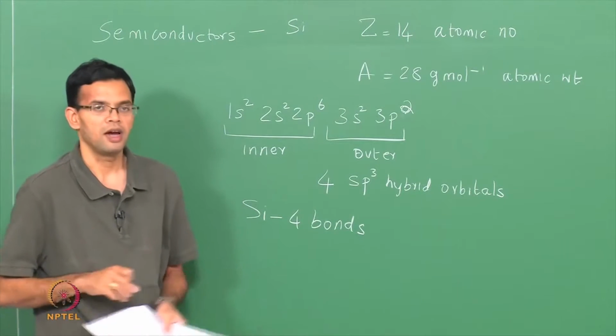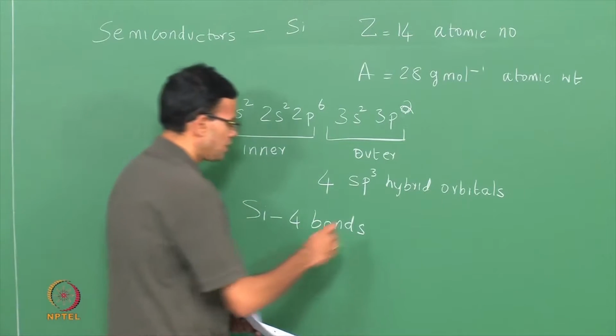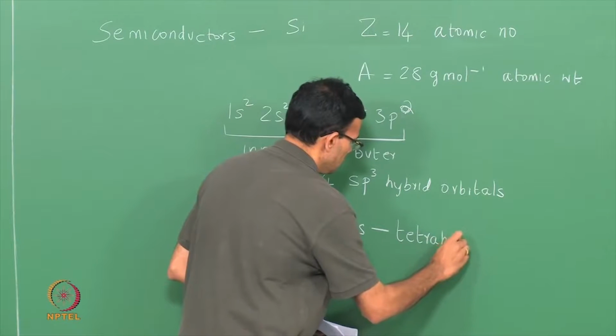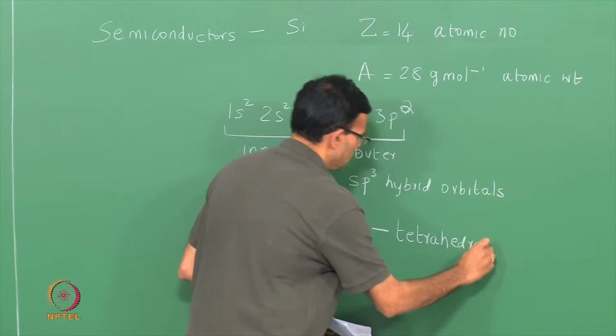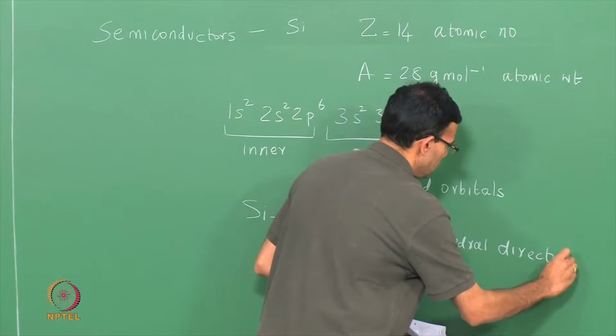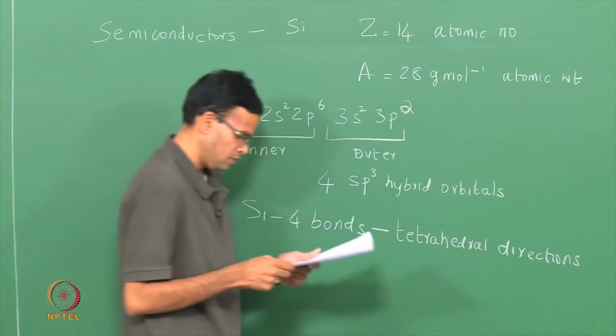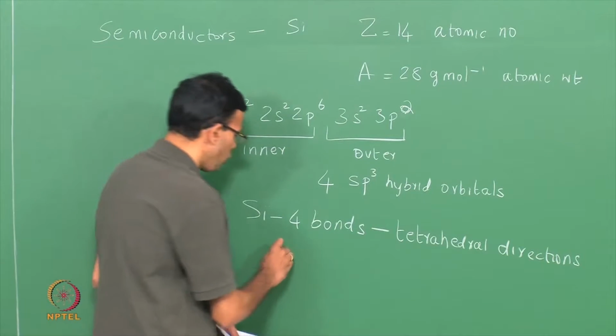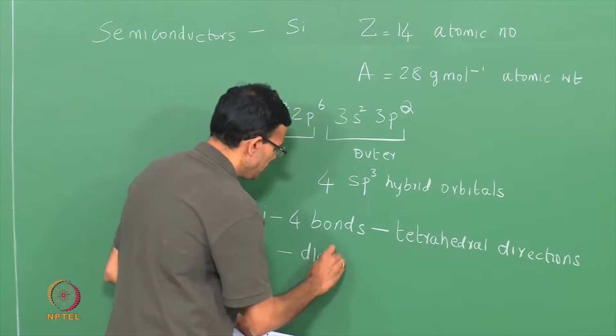And these bonds are directed in the tetrahedral directions. And essentially what you have is a diamond lattice.